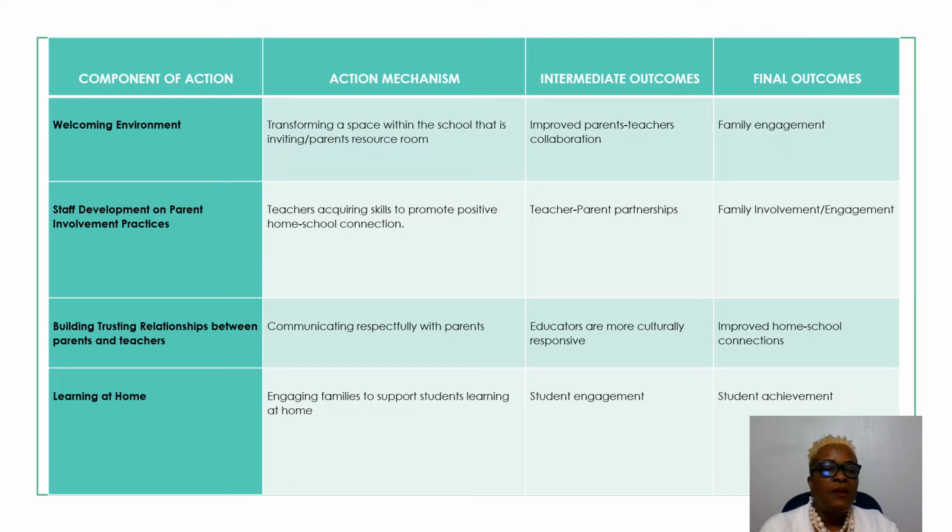The teachers are assisting by giving advice, giving strategies, so that the parents will know how to assist their child at home. The intermediate outcomes would be student engagement. With this extra learning at home, they are going to transfer the knowledge to school. And in the end, we would have student achievement.